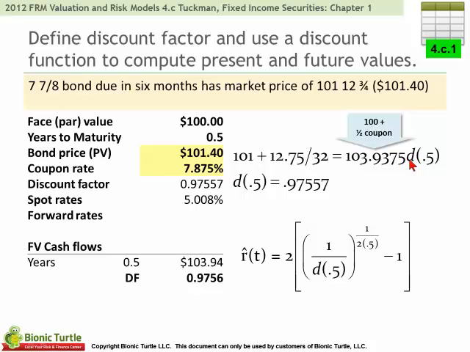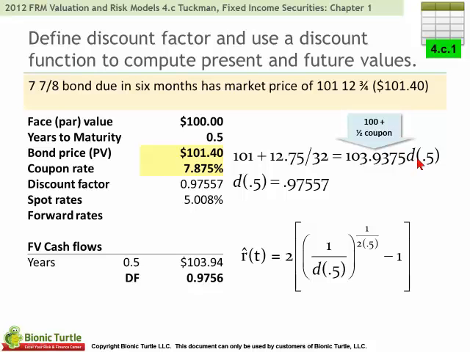And now, by definition, if we multiply that single future cash flow by the 6-month discount factor, then we should get today's price, which is 101.40 or 101 and 12 3/4 out of 32, or fractionally. So 101.40. See how the price needs to equal the discounted future cash flow.